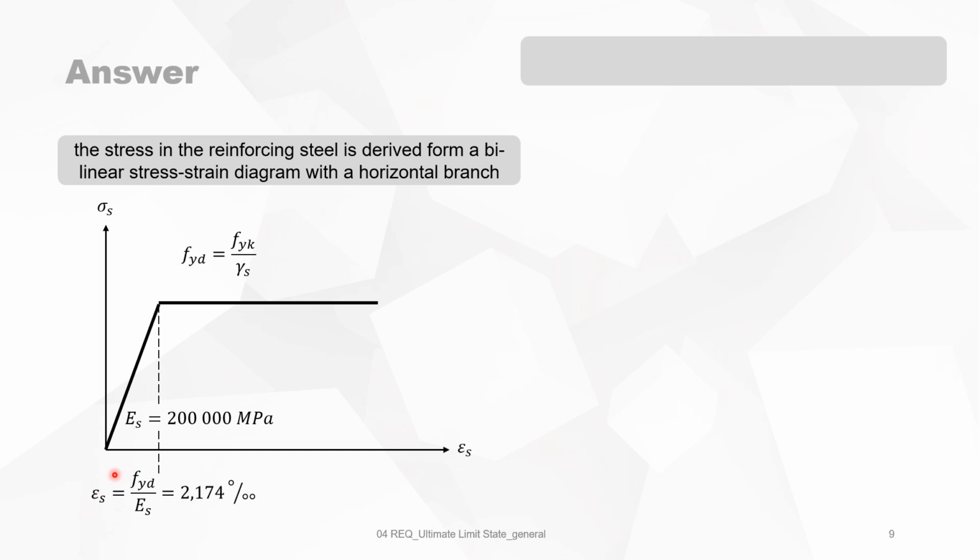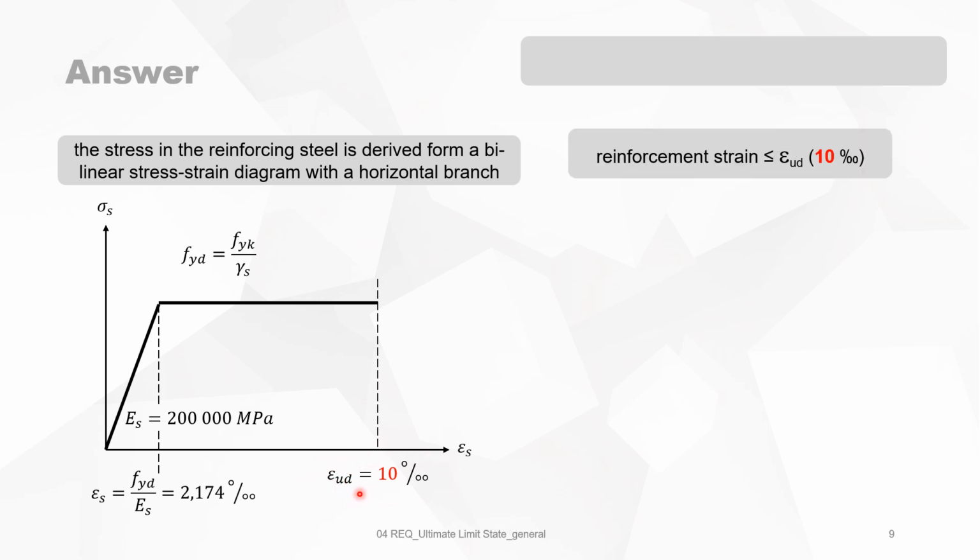The strain at the point where the steel is yielding is equal to 2.17 per mil. The maximum strain in the steel is 10 per mil. Bear in mind, this is an assumption of the Belgian annex to the code. So the reinforcement strain is 10 per mil.